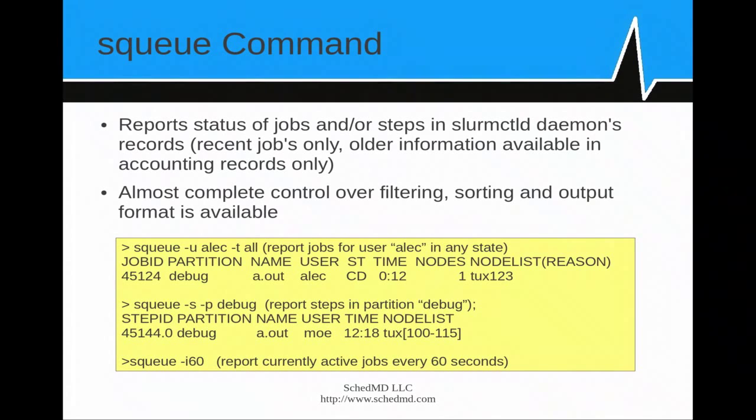And -t is a shorthand option for --state, so jobs in any state. squeue can print information about job steps, and here I'm printing information about the job steps that are in the pdebug partition, and you get a list of the nodes that are involved. And like sinfo, you can get the information refreshed on a periodic basis, and it'll just keep running until you kill it.